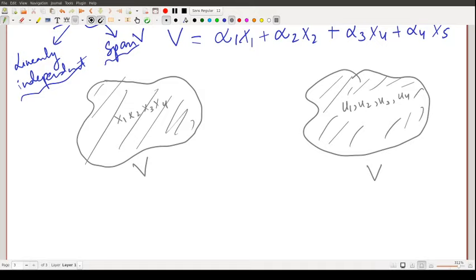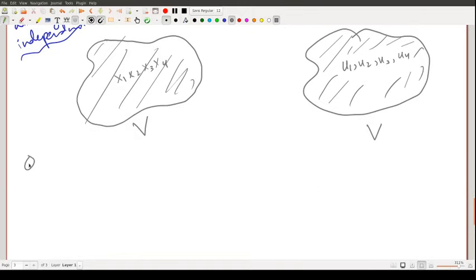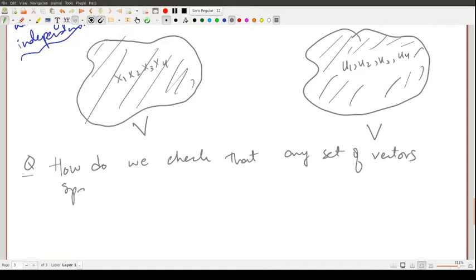How do we check if any set of vectors span a vector space? So question, how do we check that any set of vectors span a vector space?